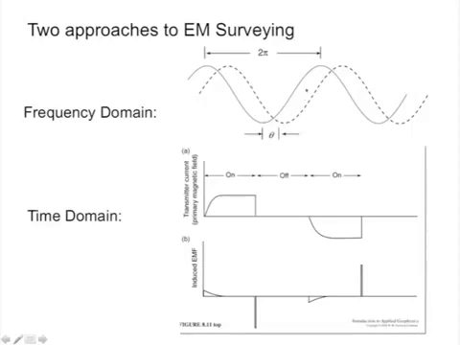I mean, it's just nanoseconds, hundreds of picoseconds, for the speed of light to get from our transmitter to our receiver coil.